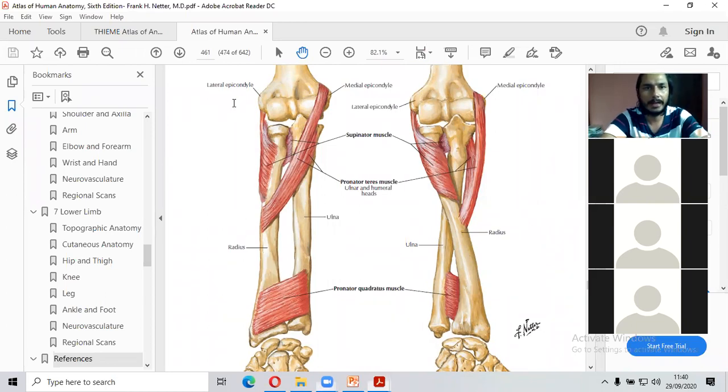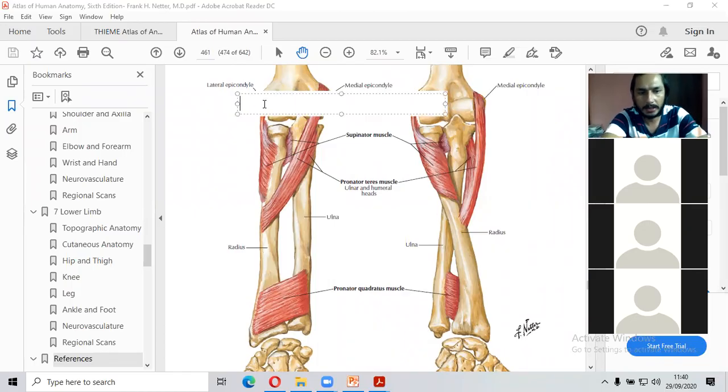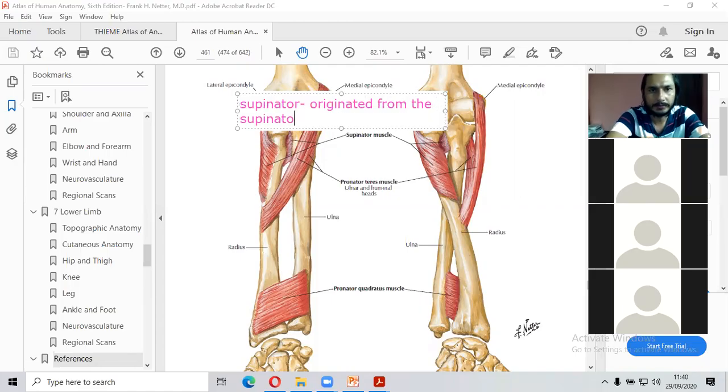Okay. Let me write here. So let's go from the supinator. Supinator muscle, now there is the origin, not insertion here. Origin from the supinator crest and the triangular area and the area underneath it.